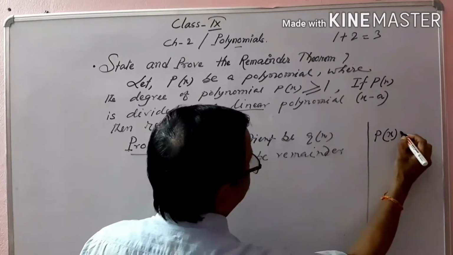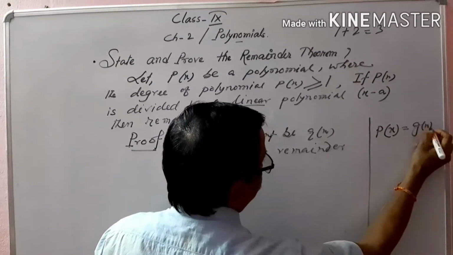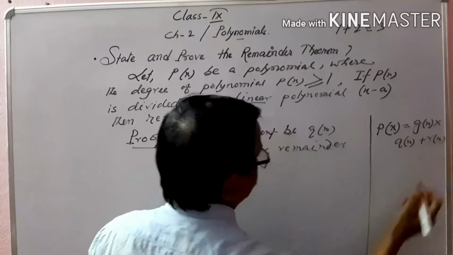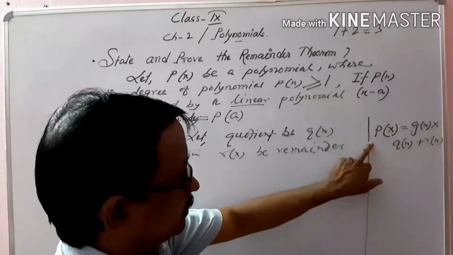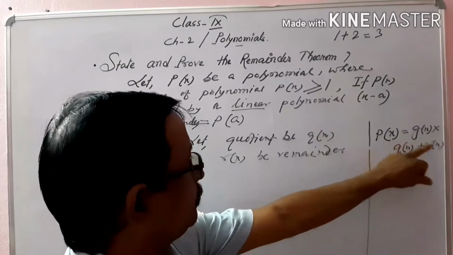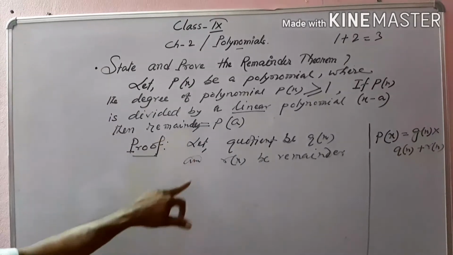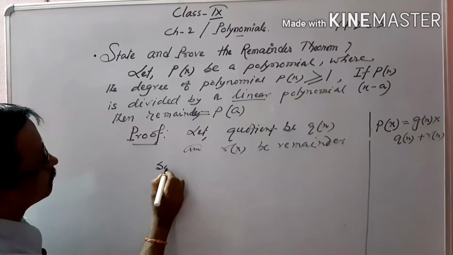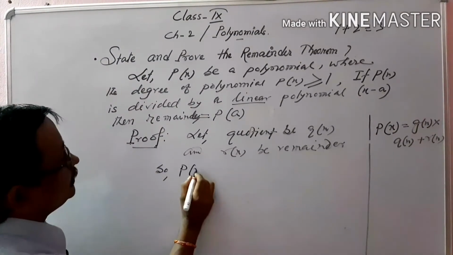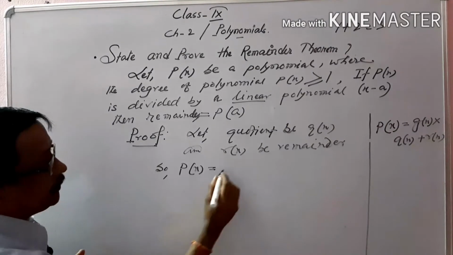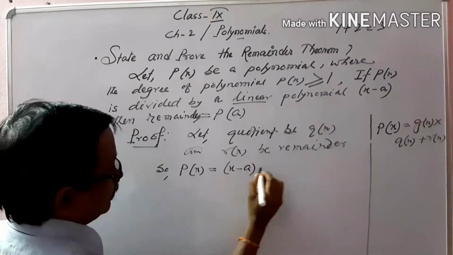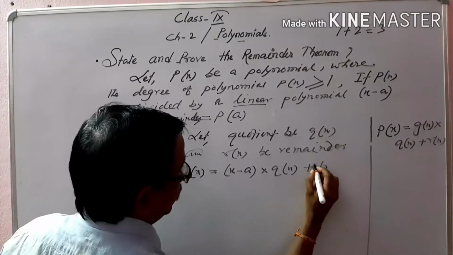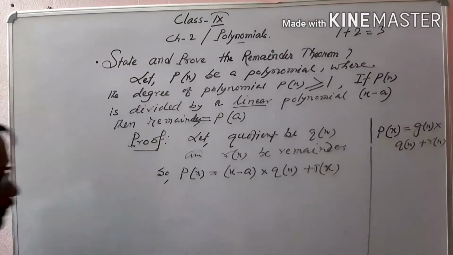We know that dividend equal to divisor into quotient plus remainder. That one you have learned in class 6. Even still you have to know this one in case of this proof. So we can write P(x) is the dividend and we are dividing by x minus a, and quotient is Q(x) and R(x) is the remainder.